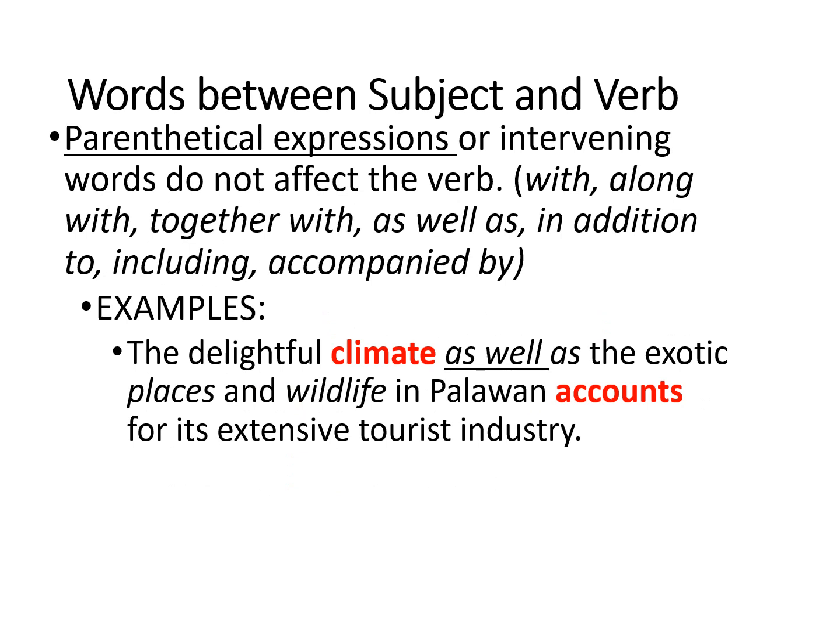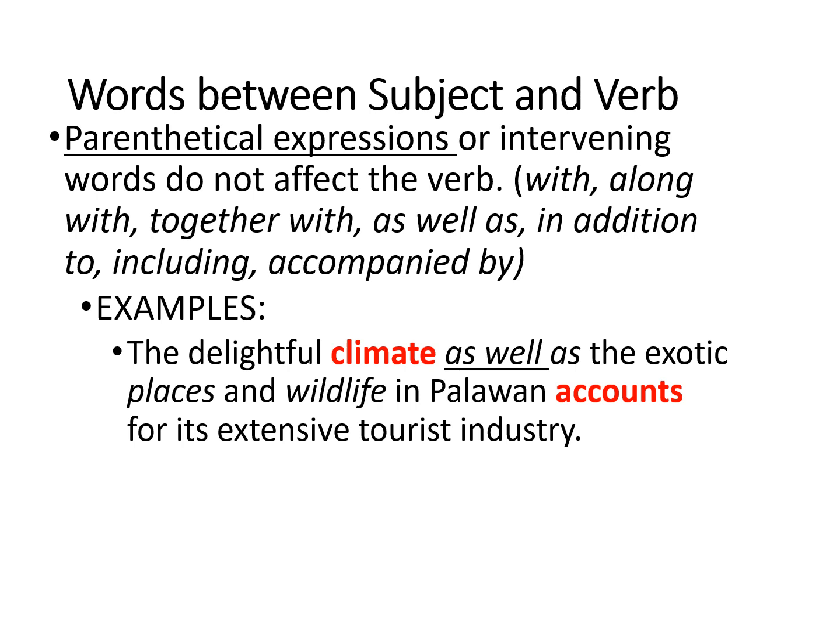Furthermore, parenthetical expressions or intervening words such as with, along with, together with, as well as, in addition to, including, and accompanied by, should not also change the agreement between the subject and its verb.